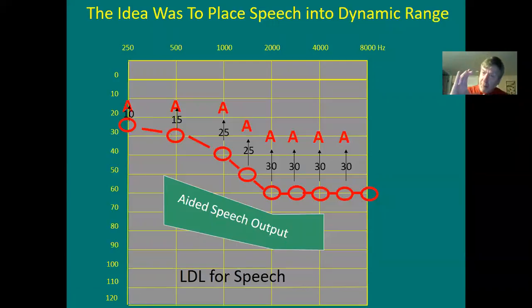But the whole purpose of aiding his thresholds by half the degree of his loss was that you knew if you did that, aided speech input, 65 dB SPL or 50 to 60 dB HL, plus the gain of half the degree of his loss equals an output that's handleable.